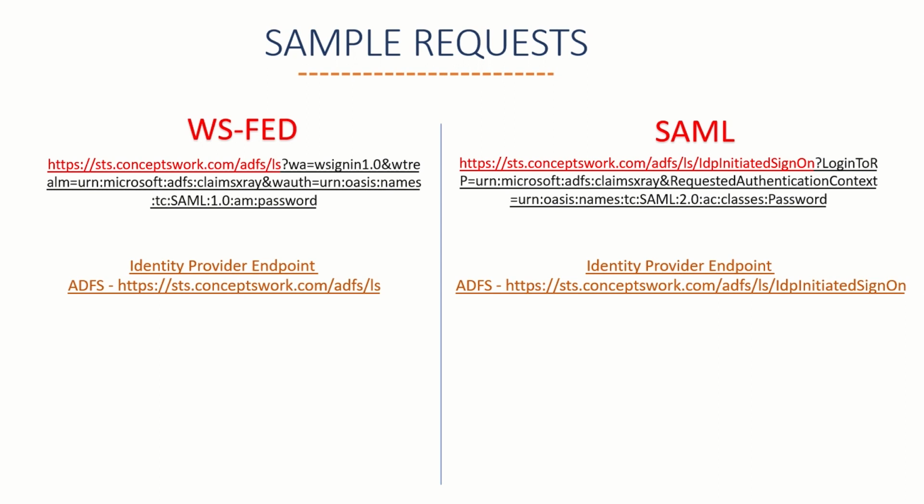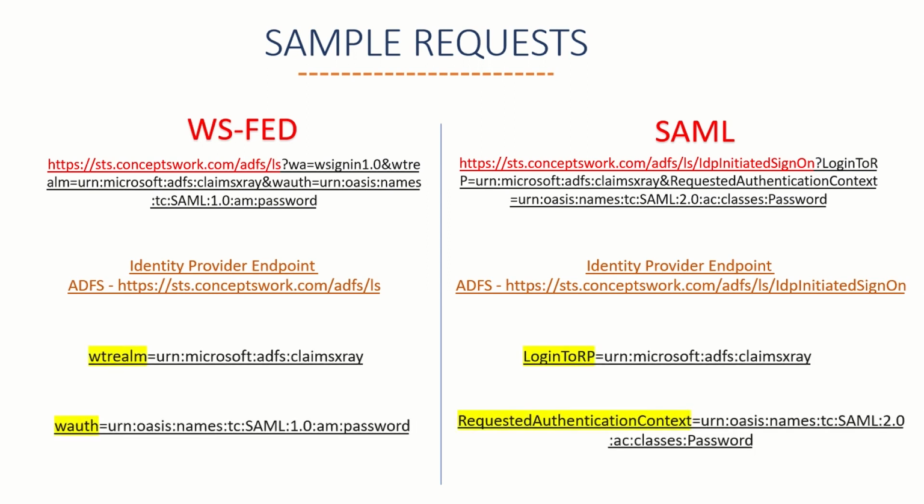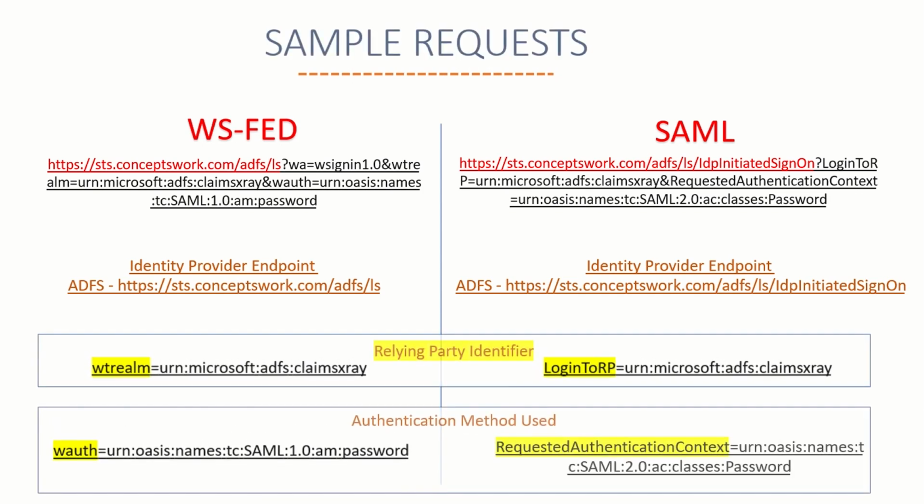So the first section, which I have already highlighted in red, is the endpoint of ADFS. The other two parameters which we see are wtrealm in case of WS-Fed and loginToRP in case of SAML. The other parameter is wauth in case of WS-Fed and requested authentication context in terms of SAML.